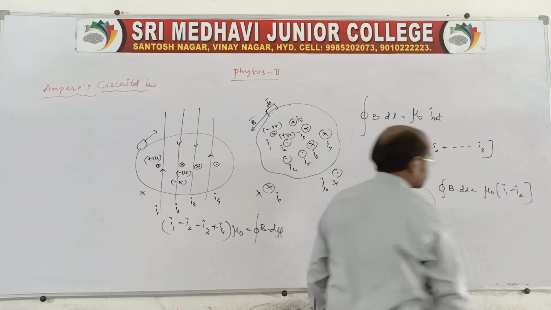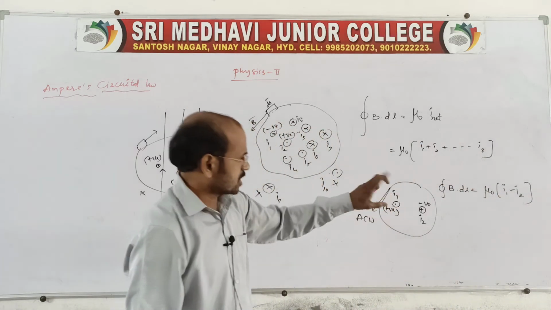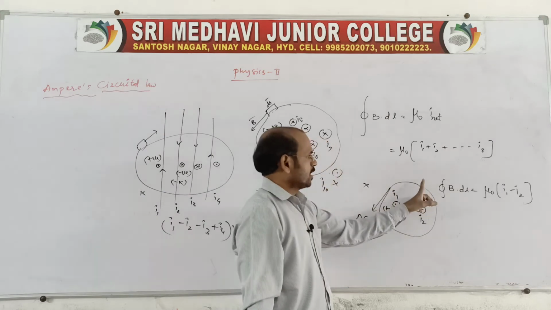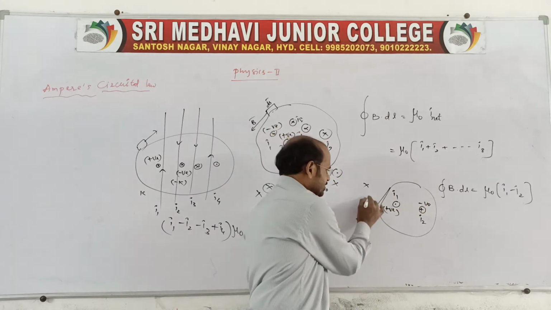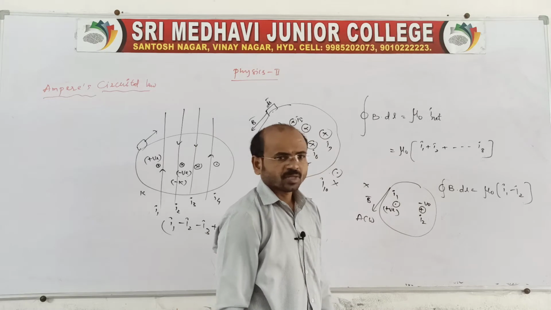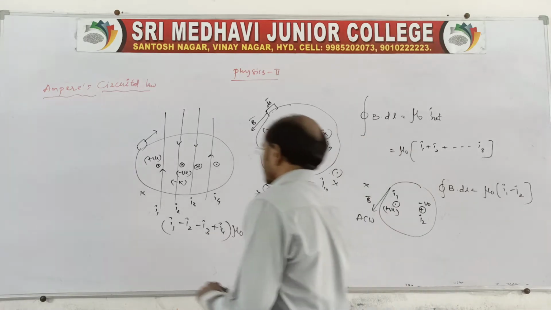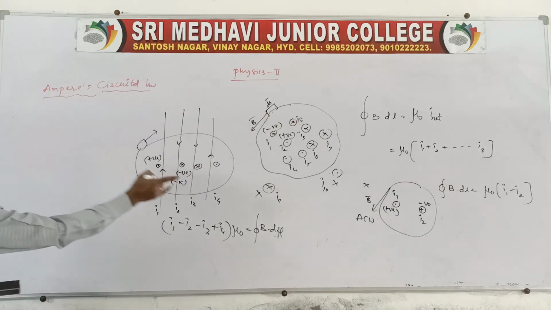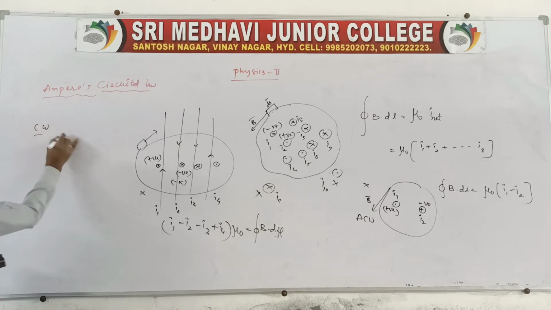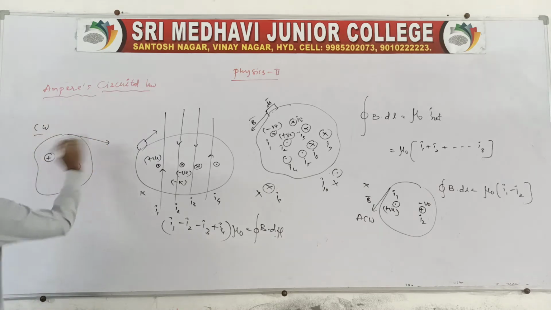This is if the direction of the current carrying conductors which are held in the closed circuit, and the direction of the magnetic field induction is anti-clockwise. Suppose it is clockwise, I want to say, so that there will be 2 current carrying conductors, one is the cross, one more is the dot. Due to these current carrying conductors, there will be a field in the clockwise direction.